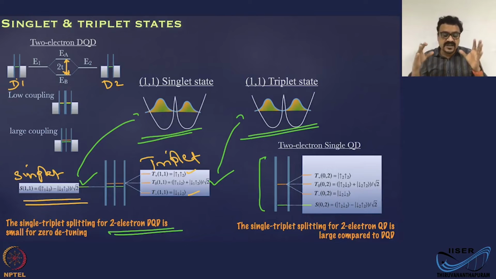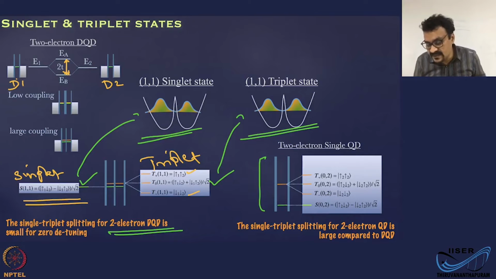So the situation that I am comparing is the energy levels of a few-electron double quantum dot when you have 2 electrons in the system, 1 and 1 on each dot. That is what we discussed so far.